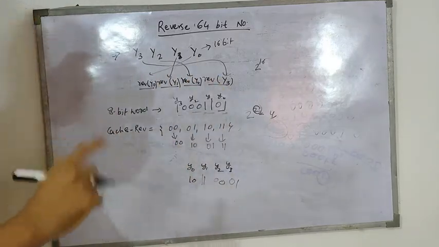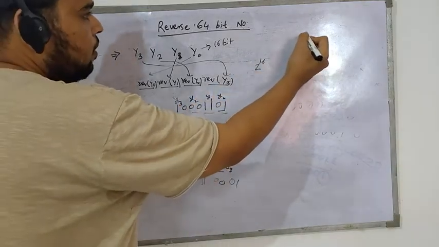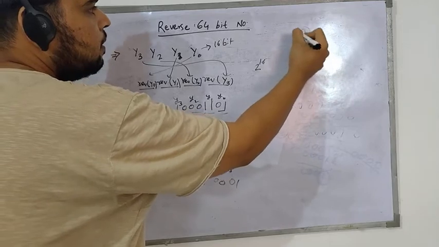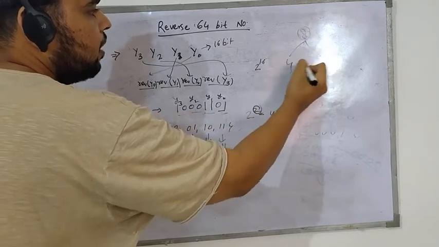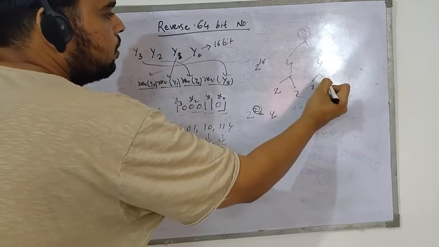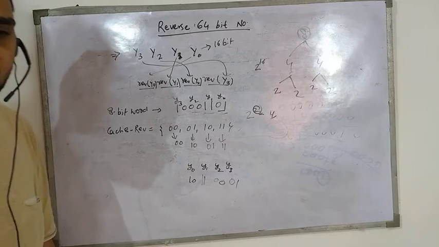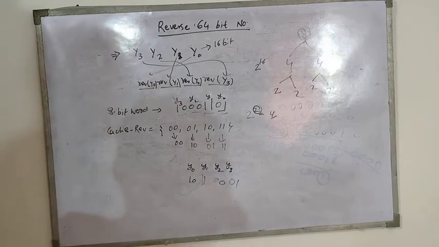It looks like the optimal substructure property of dynamic programming. The 8 bits are divided into 4 and 4, and these are divided into 2 and 2. So we can use either memoization or tabulation for calculating the reversal of a 64-bit number.